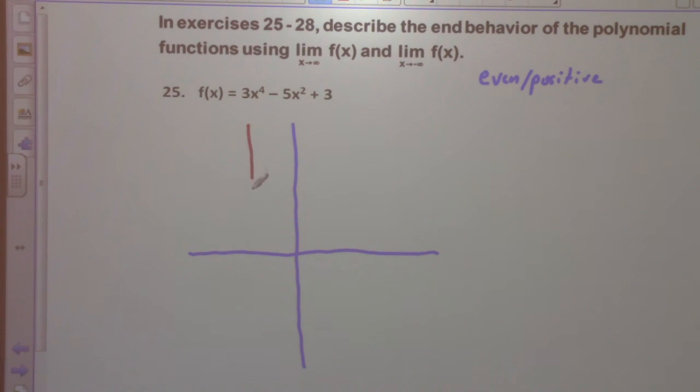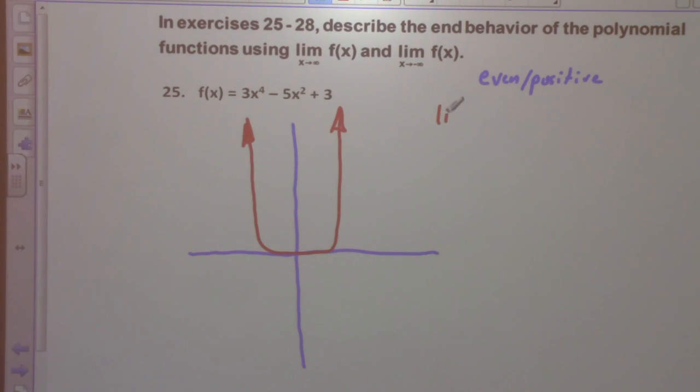So it's going to come like this, something like this. And we don't know exactly. We know the thing's going to start high and end high, but we don't know what the middle looks like exactly. But do we know from here enough to put down our end behavior?